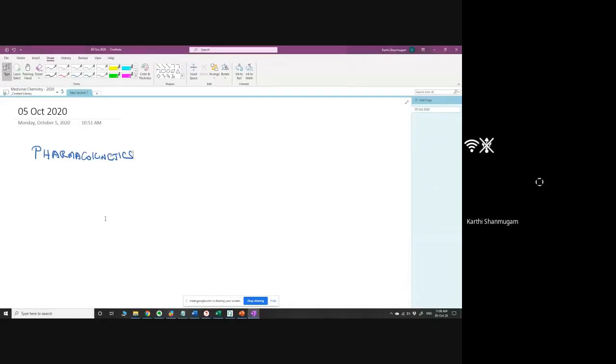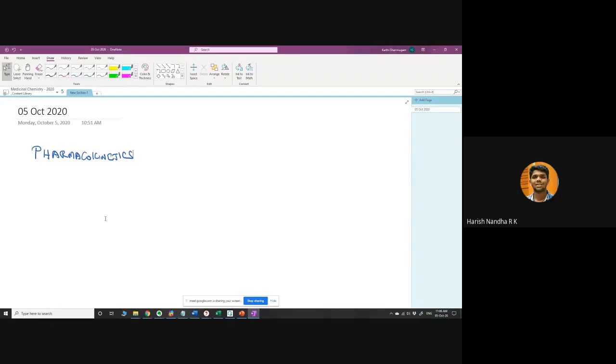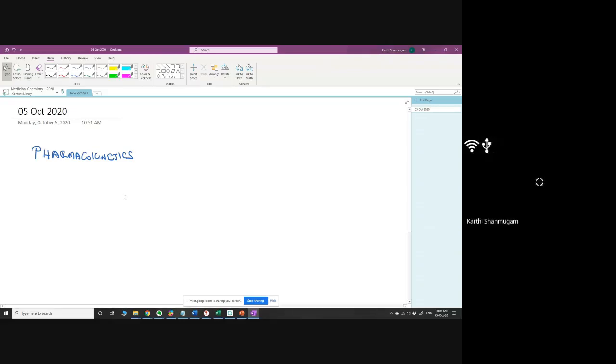I just want to ensure the sync is working correctly. Go to the medicinal chemistry notebook; you have a section called content library. Yes, sir, sync is working. So hereafter, whatever I write here will be automatically synced to your notebook also. You can use it as reference material.